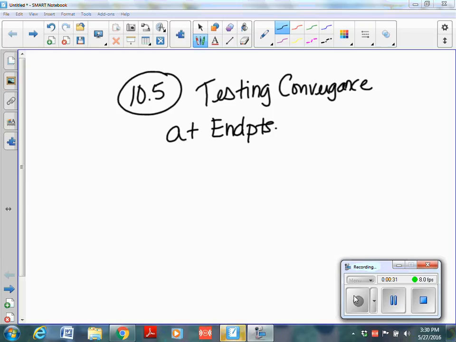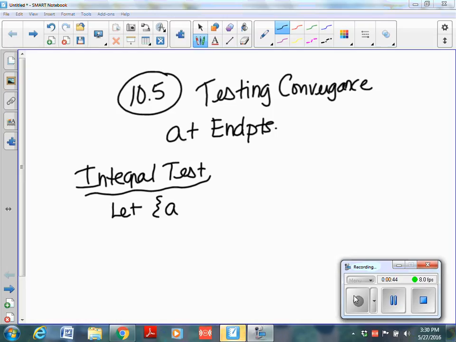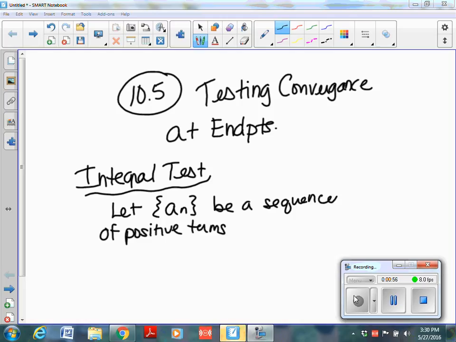The first one is called the integral test. All that says is you let your series sum of a_n be a series of positive terms, and you suppose that a sub n equals some f of n, where f is continuous.